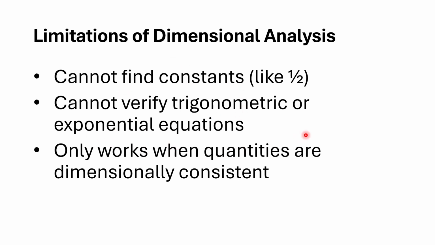If there is an exponent in the equation, the dimensions cannot find about that. And if we have trigonometric equations having sine, cos, tangent, that type of equation cannot be verified by dimensional analysis.